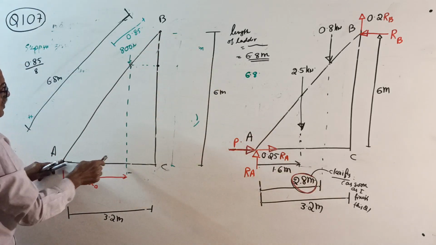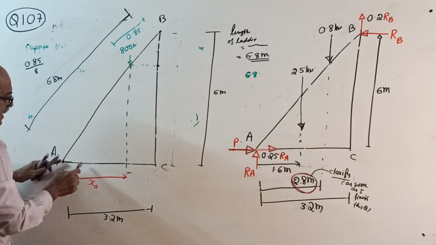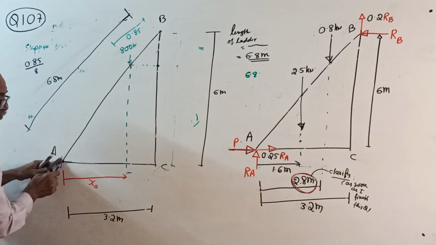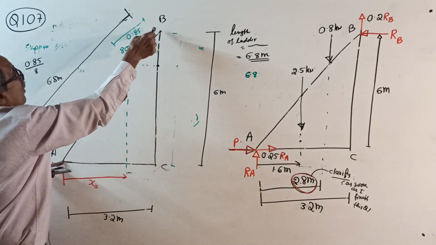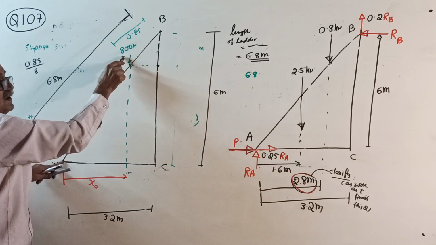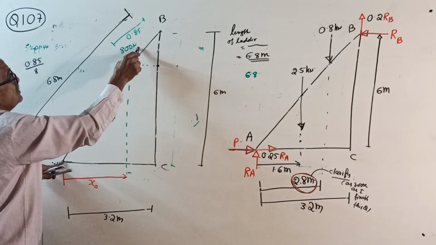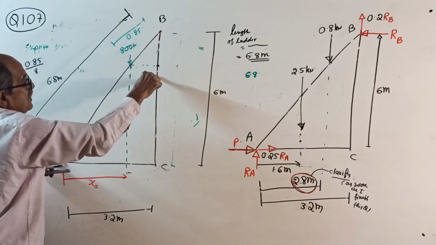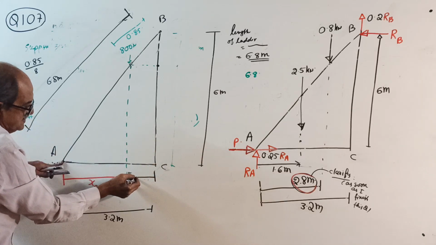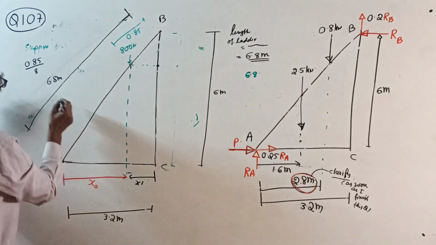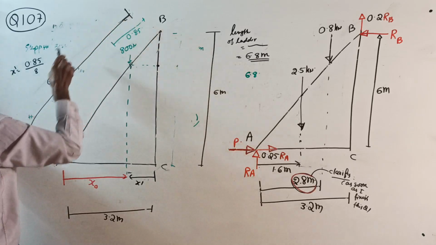You want from the horizontal, so put your finger here. 0.85 is the distance along 6.8, unitless. That ratio, you project this point to the horizontal plane. That will give you this distance, say x dash. So your x dash equals 0.85 by 6.8.